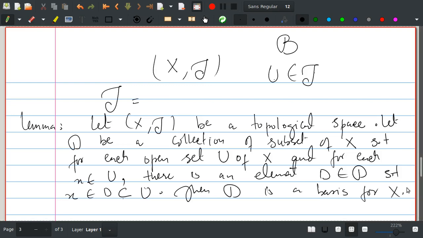So what are we given? We are given a topological space (X, tau).